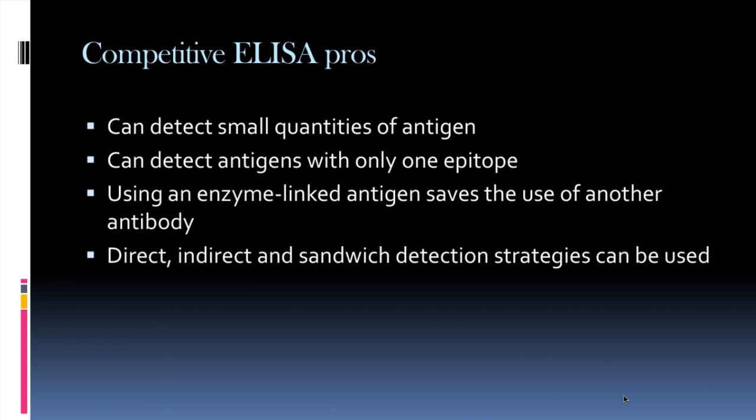Thirdly, you're using an enzyme-linked antigen, which saves you from using another antibody, and antibodies are typically very expensive. And lastly, you can use direct, indirect, or sandwich detection strategies to do a competitive ELISA.